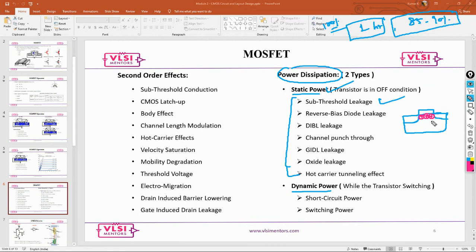But that doesn't mean that there will not be any leakage. There would be some leakage because of sub-threshold conduction. So though we call ID zero in cutoff, ID will not be zero because of leakage. Leakage simply means that irrespective of whether you use it or not, there is power consumption. That is what we call leakage power.